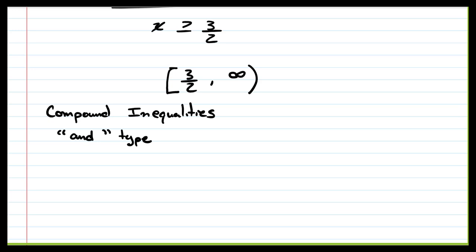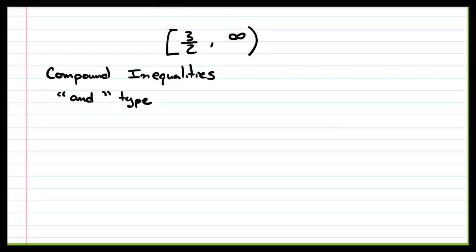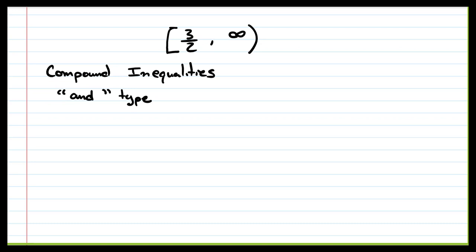So let's take a look at an example. So let's imagine that we have two inequalities. We have x is less than 6 and x is greater than negative 1. So we have two inequalities, and they are just connected by the word and.